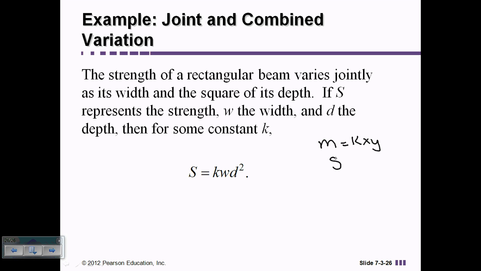M is S, the strength, because it varies jointly. K is always what we're looking for, and it says the width and the depth squared. So this would be our formula that we would use, and then we would substitute in numbers as we got them.